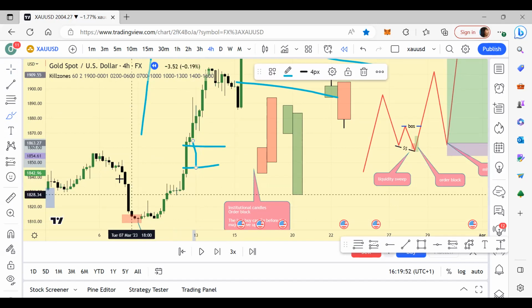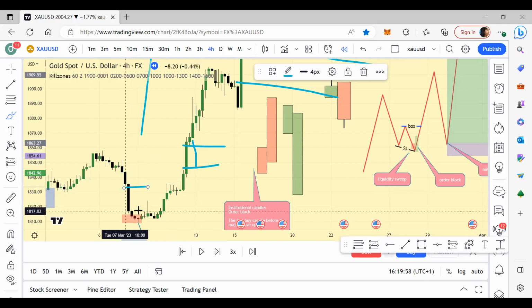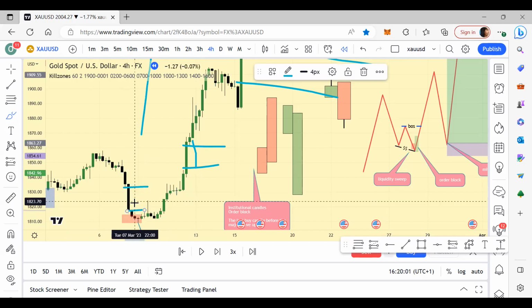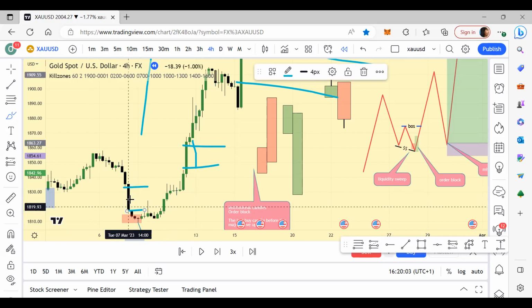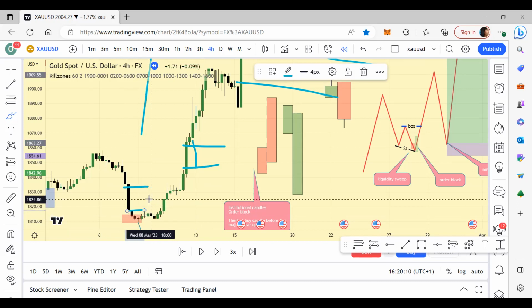Now, taking this one for example, you have an imbalance here. At this particular point on the 23rd of March, you had a gap here. However, price started moving, and then this gap started being filled with wick and body.